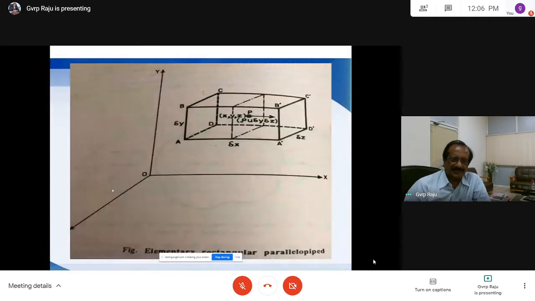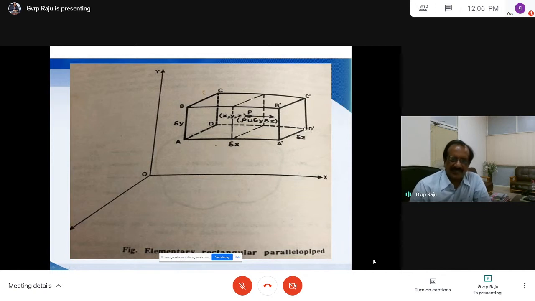Then the three-dimensional continuity equation. Suppose you see here, 6 faces. This is dx on one side, this is dz, and this is dy.